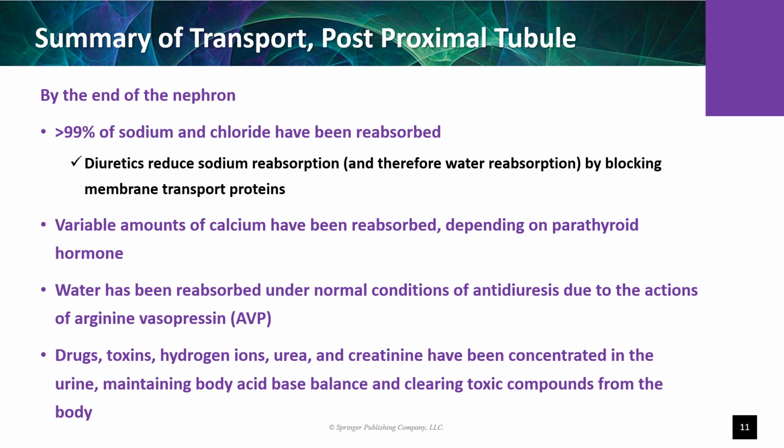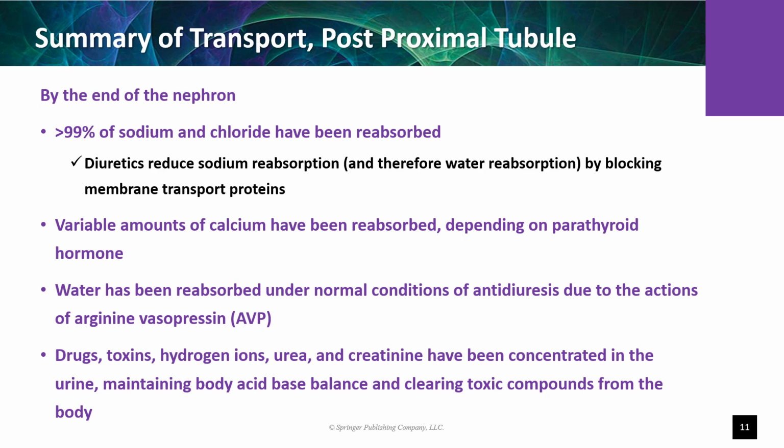The proximal tubule's main functions are bulk reabsorption of solutes and water, secretion of major wastes and toxins, and reduction of the volume of the tubular fluid by about 2/3.